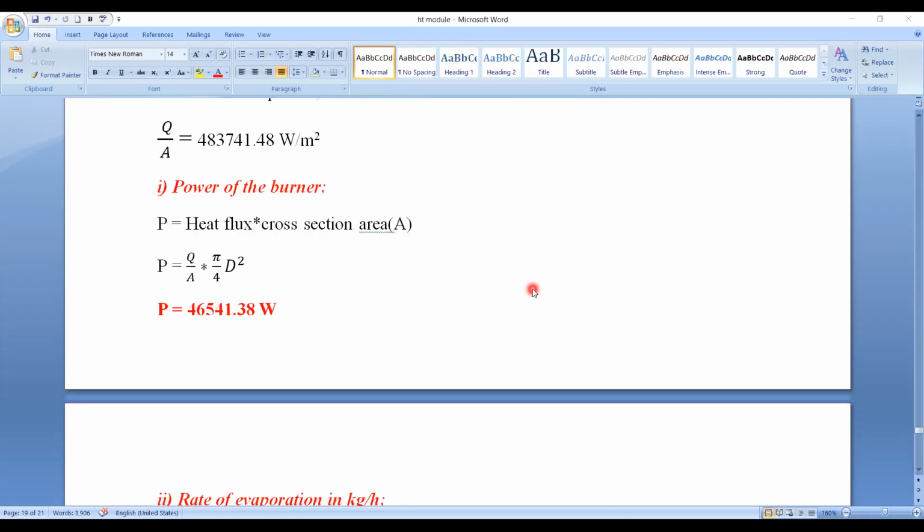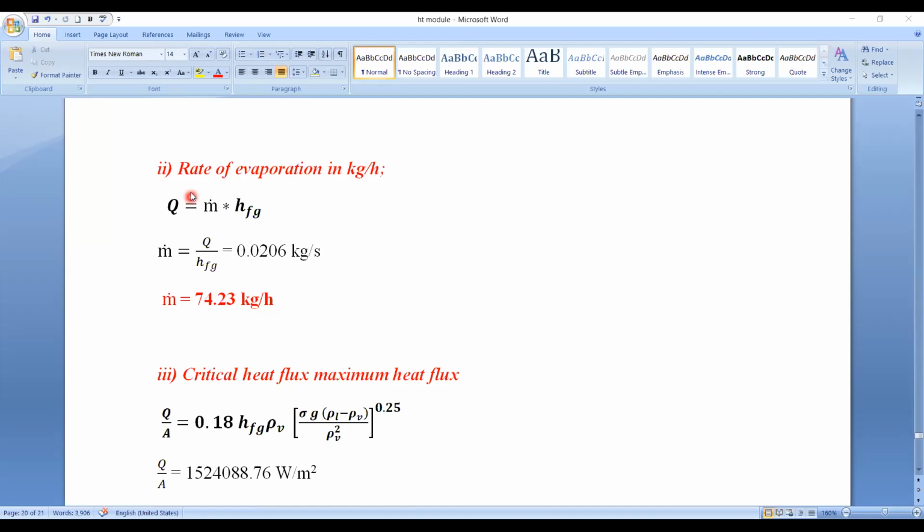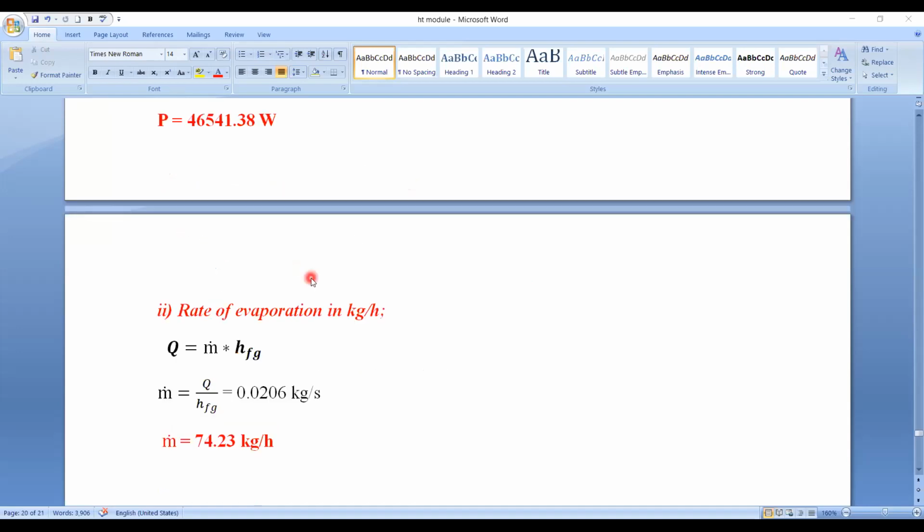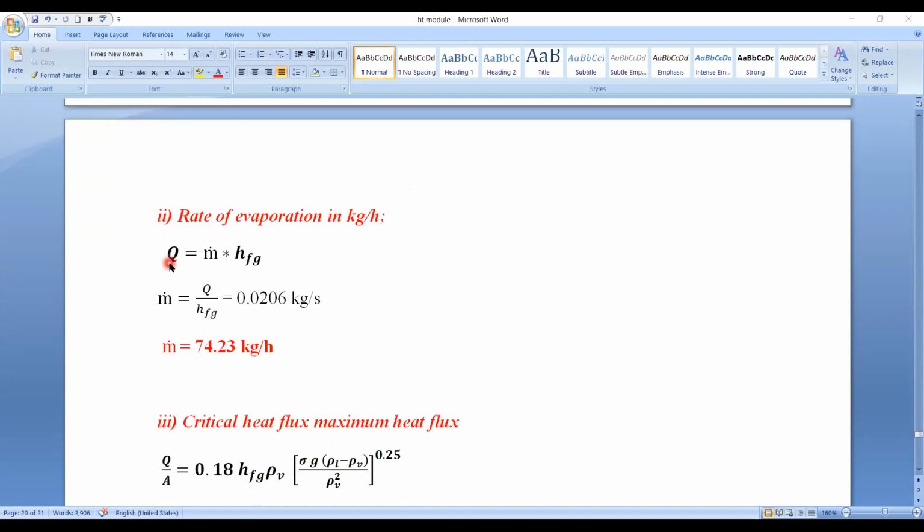Now let's go to the next bit. The next bit is rate of evaporation in kgs per hour. So you know Q is nothing but the rate of heat transfer. Q equals m dot into hfg. M dot is the mass flow rate, or rate of evaporation, and hfg is the enthalpy of evaporation.